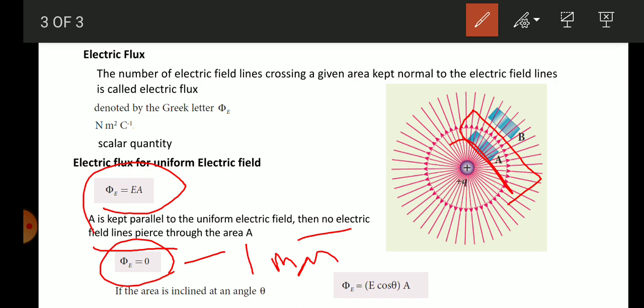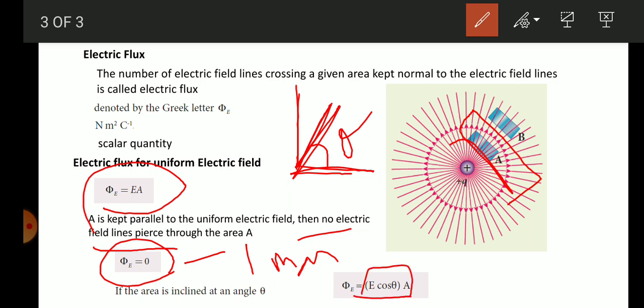Then if the area is inclined at an angle theta: so far I told you the area is considered normal or parallel. What happens if it lies at an angle? This is normal, this is parallel. The area is considered at an angle theta. So the electric flux will become E cos theta into A, or otherwise we can say E A cos theta.